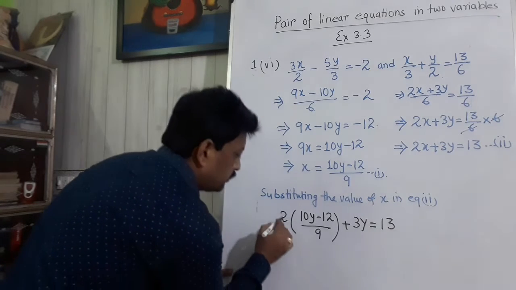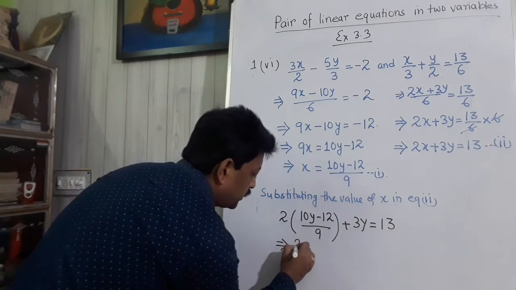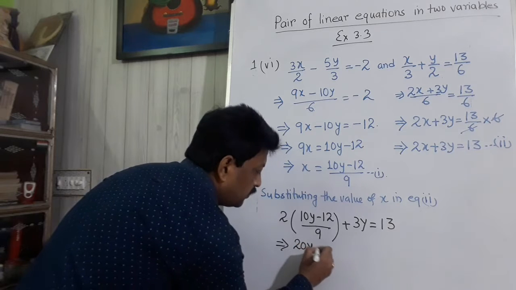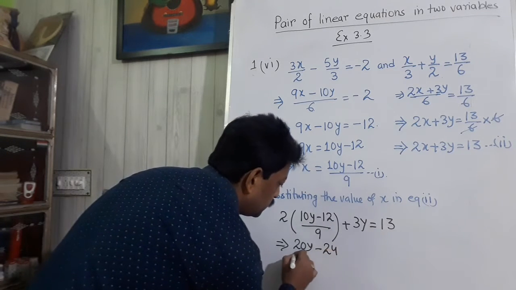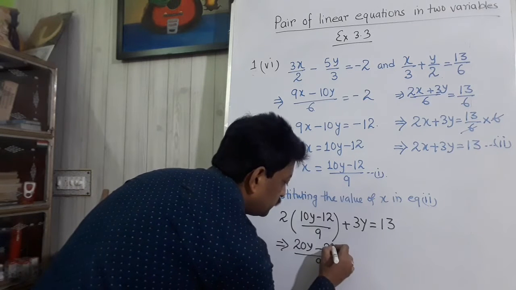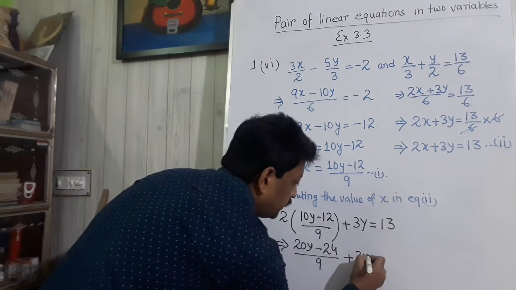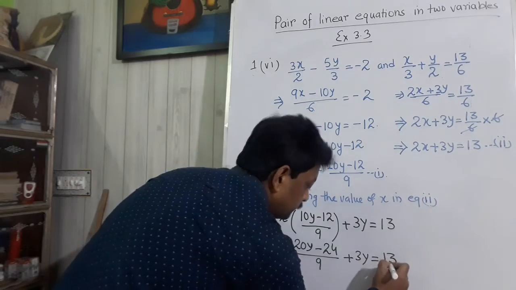Which implies this 2 multiplied by 10 is 20y minus 2 multiplied by 12 is 24, by 9 plus 3y equals 13.